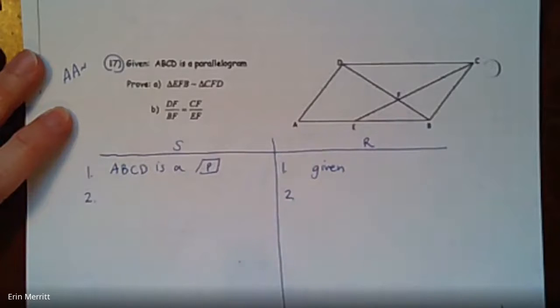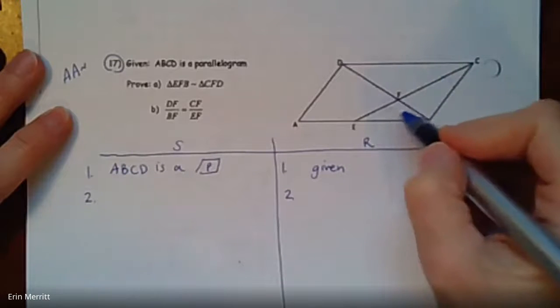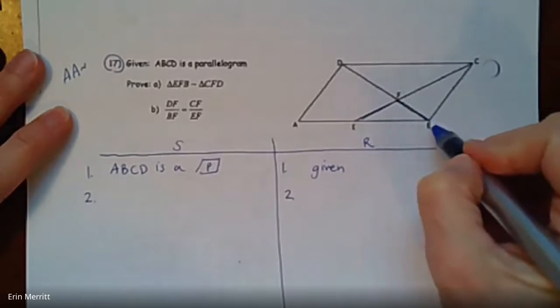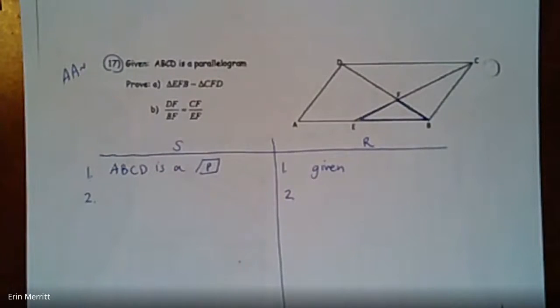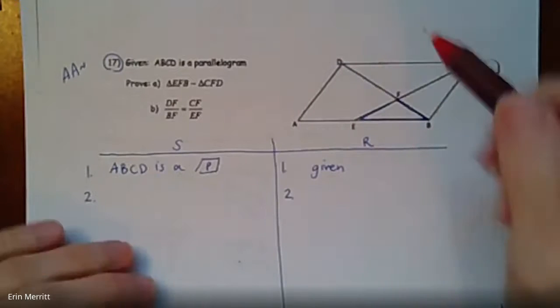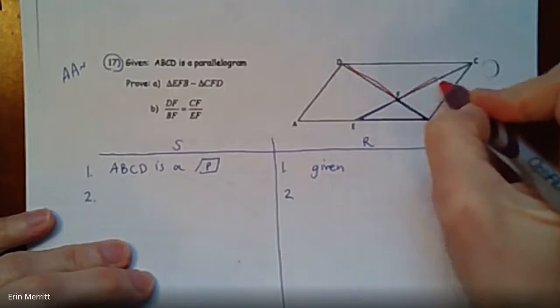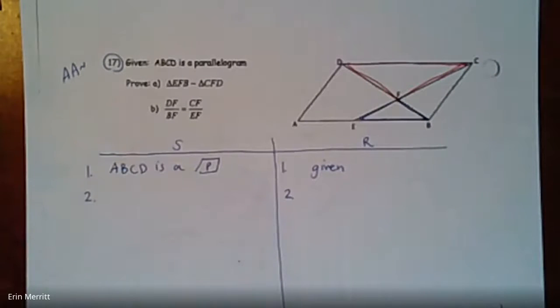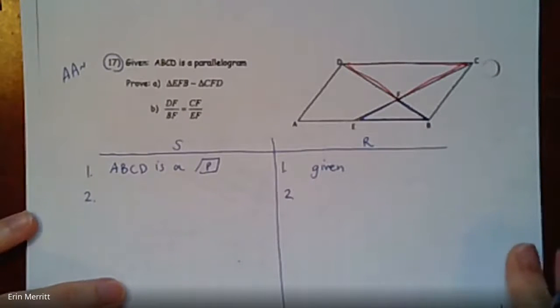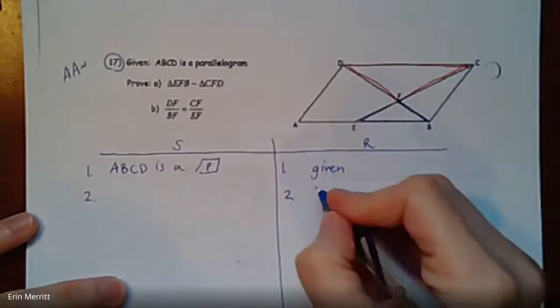Okay, let's look at what we're working towards. So EFB, that's this triangle down here. We want to say that that's similar to triangle CFD. So CFD, this guy here. Okay. They're telling you parallelogram for a reason. So think about the name itself.